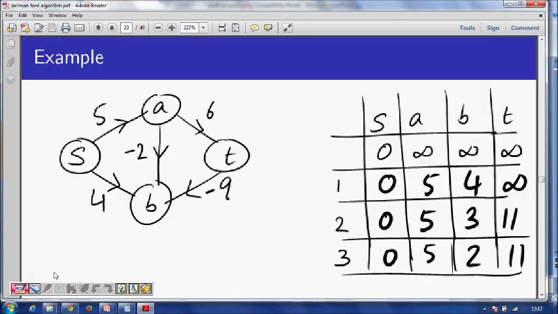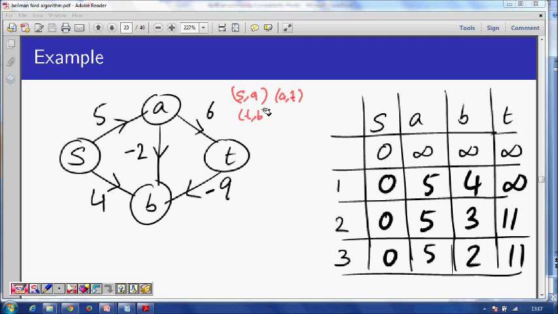Now we will try to see this for one particular example. Here we have a graph with S, T, A and B, and we will update. You have to follow how you take the edges. Let's say I take the edges in the order SA, then AT, then TB, and then AB and SB.